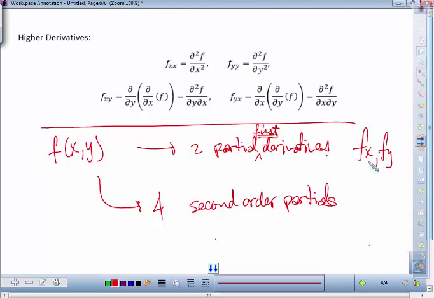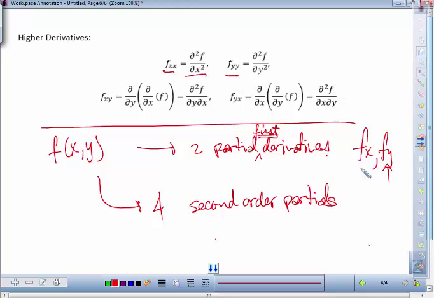So from here, we take the derivative of fx with respect to x, we get fxx, which in Leibniz notation seems to make sense if you remember the second derivative notation back in Calc 1. It's just d squared f divided by dx squared, except instead of a d, you'd be using partials. And then you can also take the derivative of fy with respect to y.